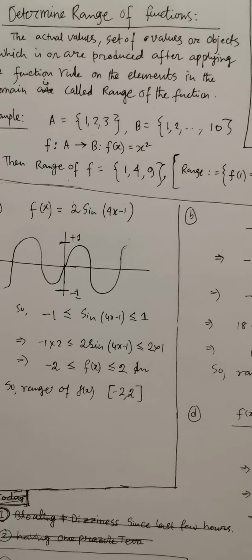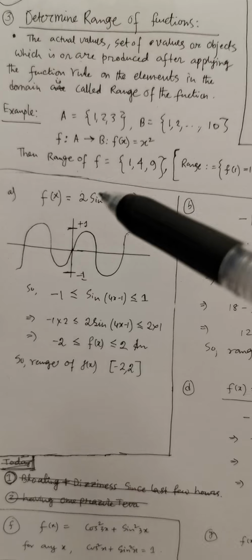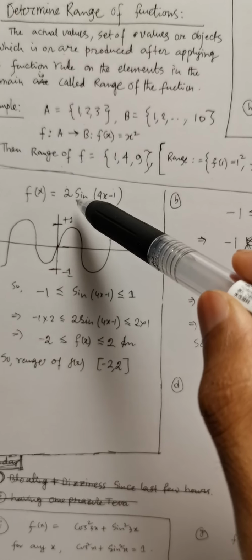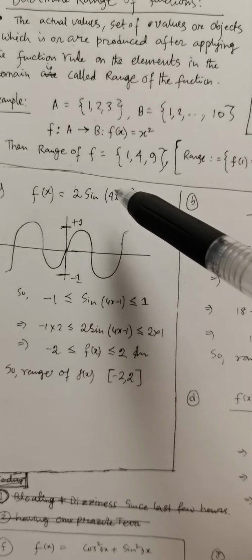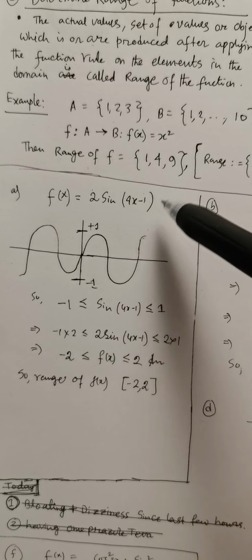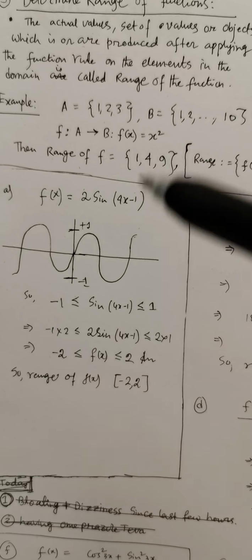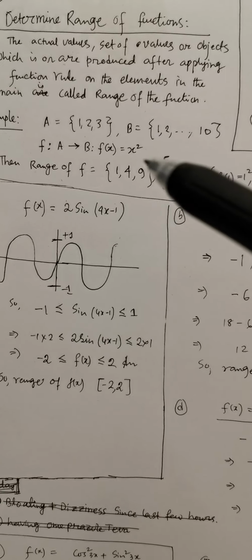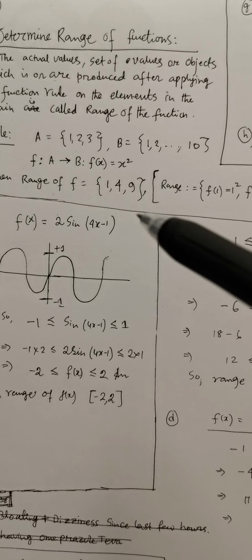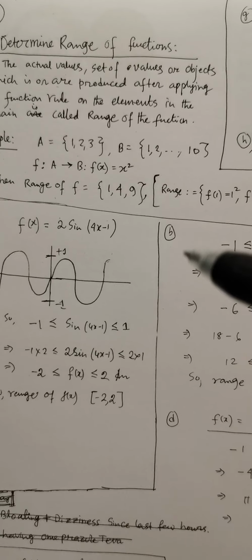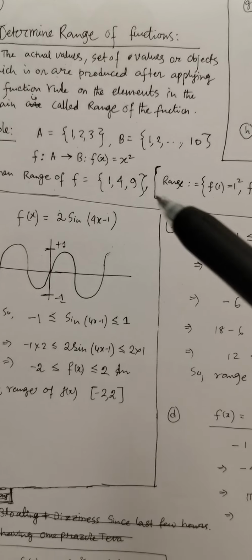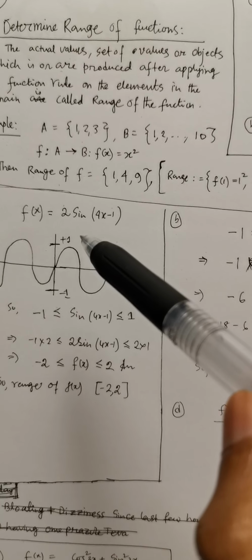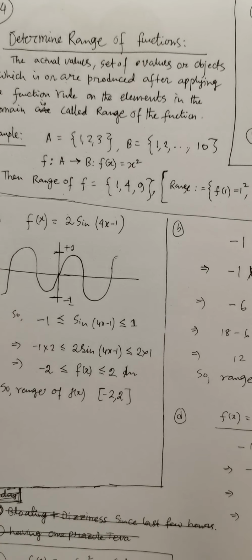Now, question number A asks us to find the range of the function 2 sine 4x minus 1. You must remember the range of some basic trigonometric functions like sine x, cos x, tan x. I have told you many times that the sine function lies between -1 and +1.